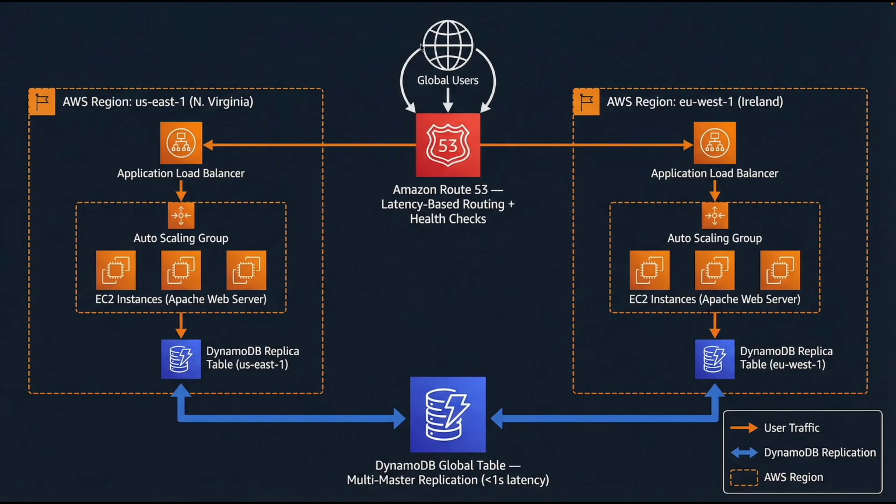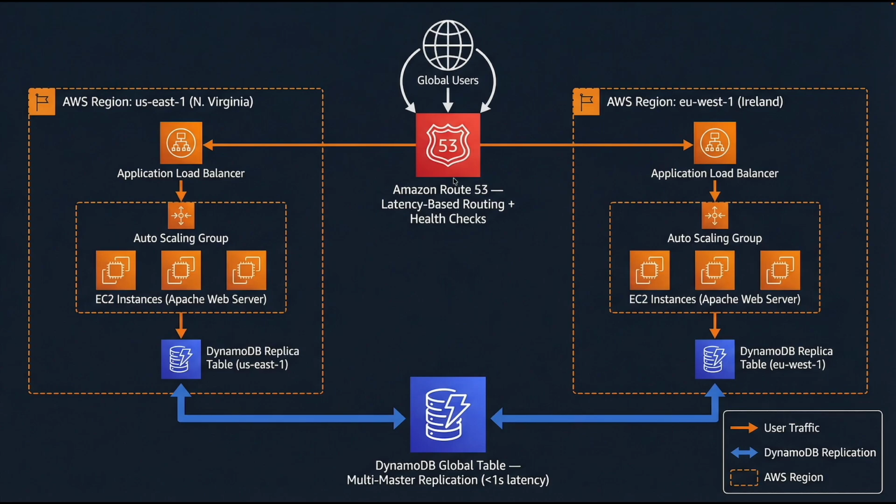We configured our Route 53 with latency-based routing, which simply means Route 53 dynamically calculates the fastest network path and sends the user to the closest region depending on the user's location. In our case, we have US East 1 in the USA, Northern Virginia, and then we have EU West 1 in Ireland.